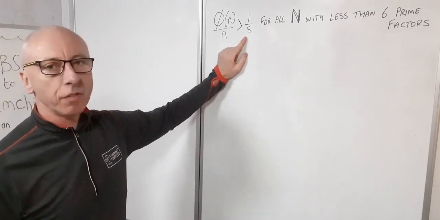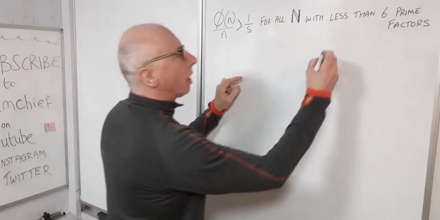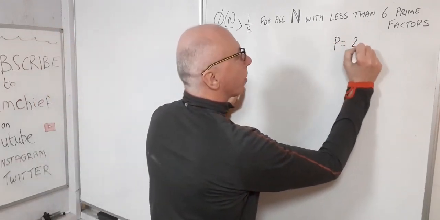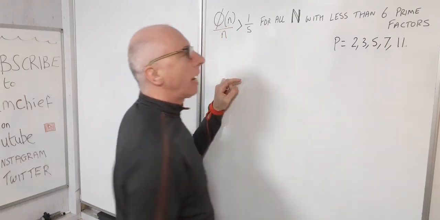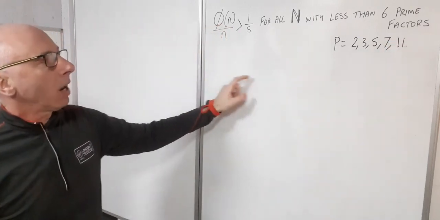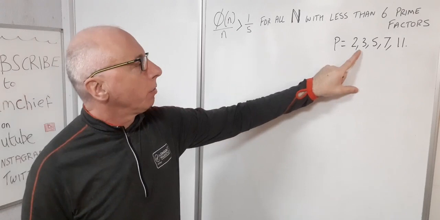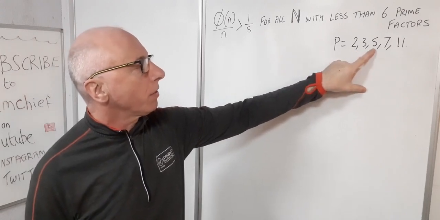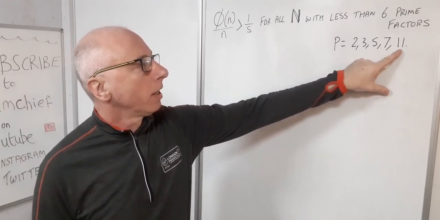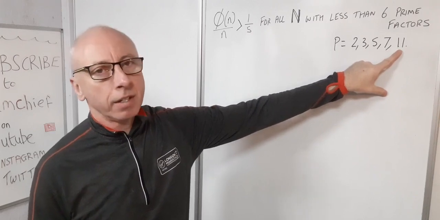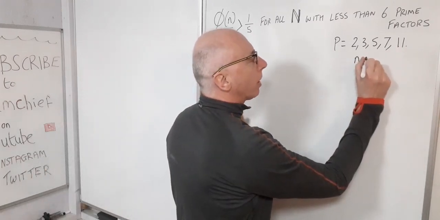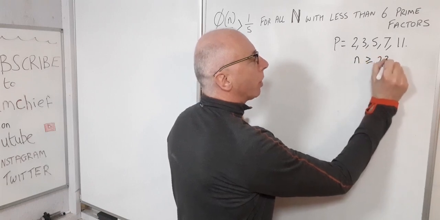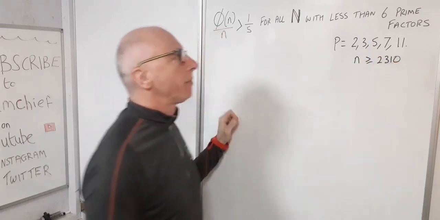Well, the first 5 prime numbers are p equals 2, 3, 5, 7 and 11. Now if we multiply these together, we've got 2 3s are 6, 6 5s are 30, 210 and 2310. So here our number n will be greater than or equal to 2310.